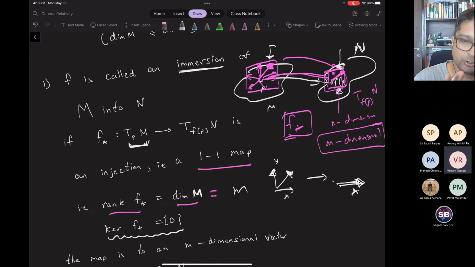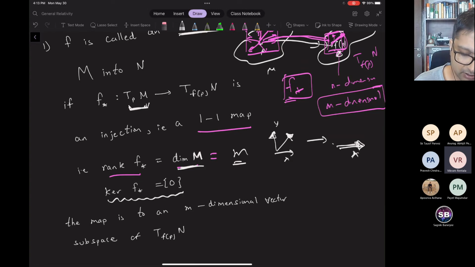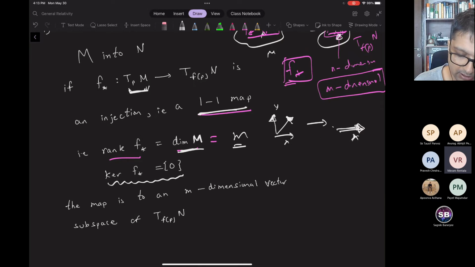So basically, if I'm reducing the dimensionality of the tangent space, and I'm not keeping it maximal, that is of dimension m, then this map will not be an immersion. But if I preserve the dimensionality of the tangent space, or I keep the mapping between tangent spaces one-to-one, then I will get an immersion.